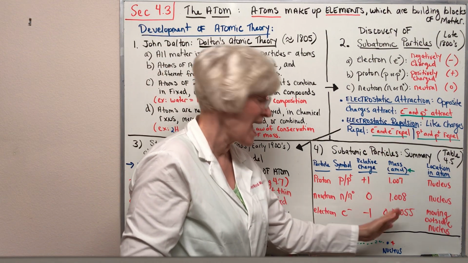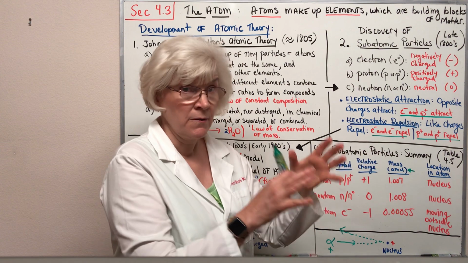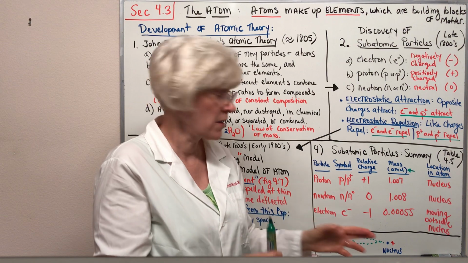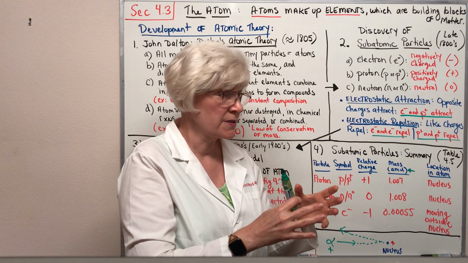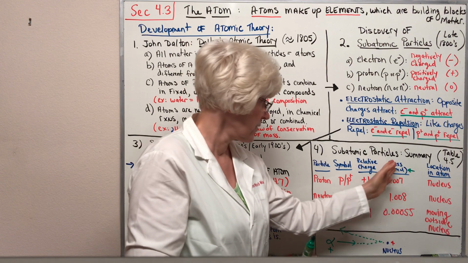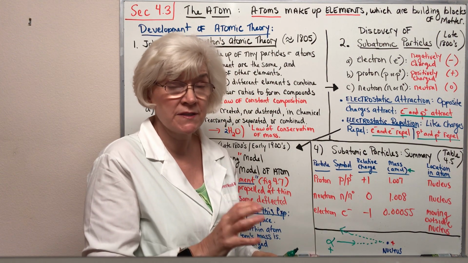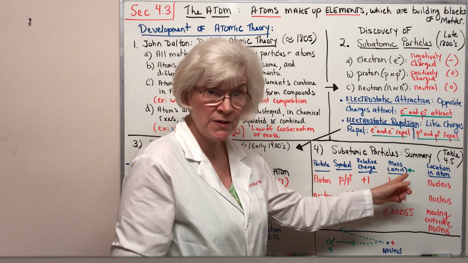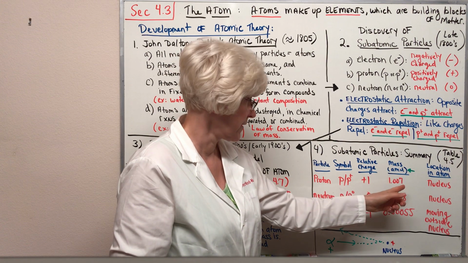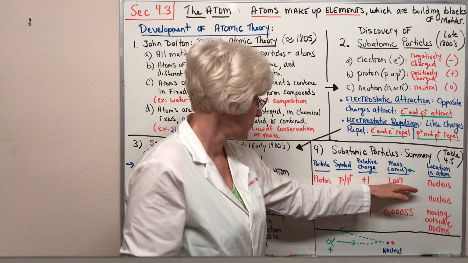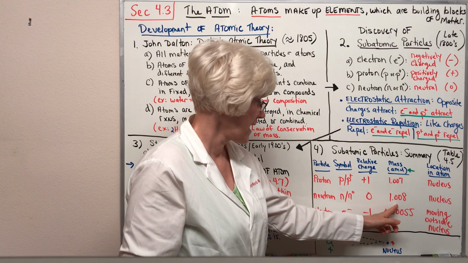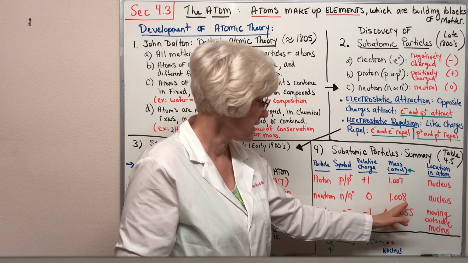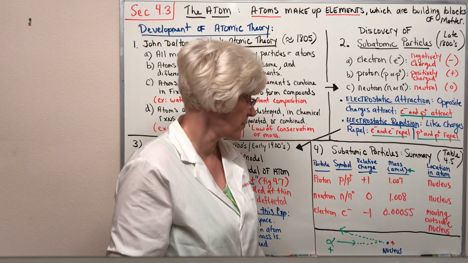In terms of the mass of these particles, and notice we know that atoms are very tiny, subatomic particles even smaller, so scientists had to introduce a whole new mass scale in order to be able to express the masses of such small particles. This scale is known as the atomic mass unit scale, or abbreviated AMU. Looking at the masses of protons and neutrons, we see they are almost identical to each other, with the neutron being just a little bit greater in mass than the proton.